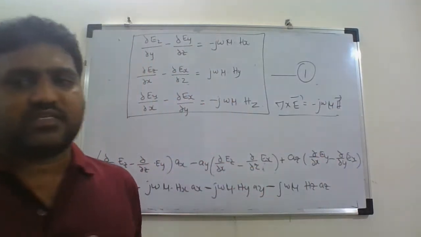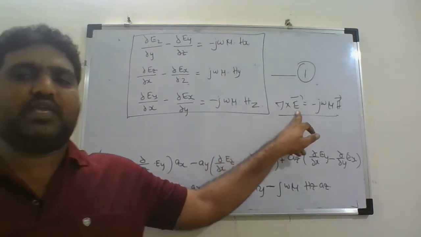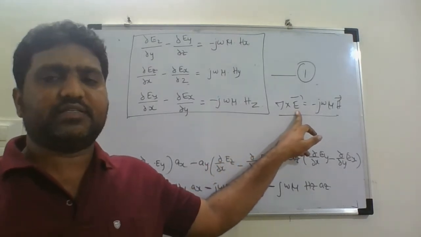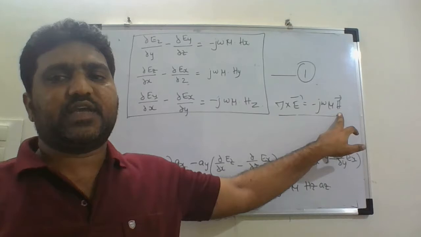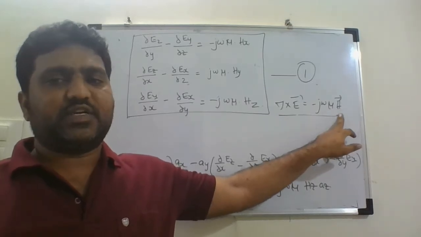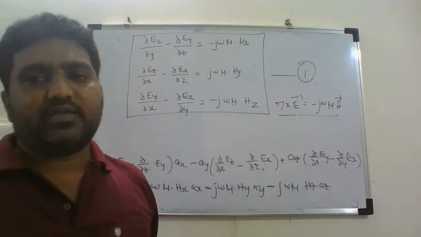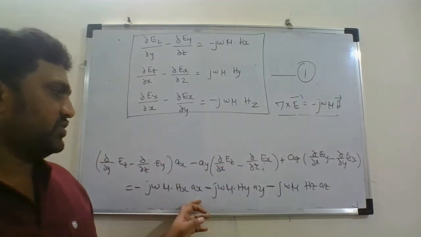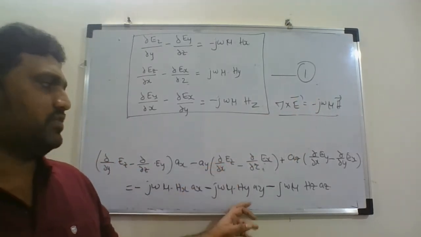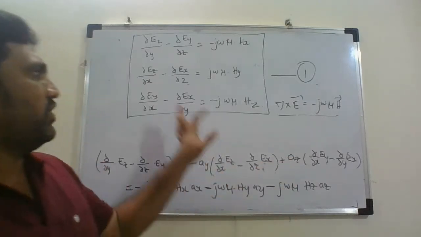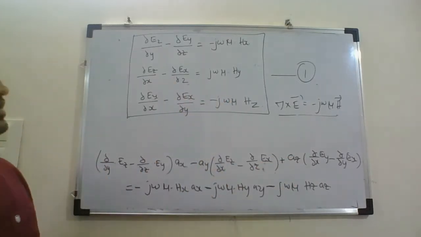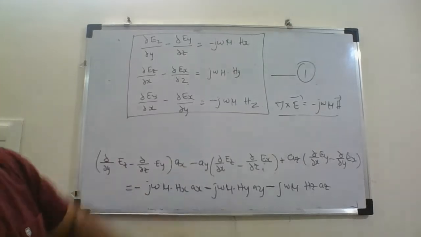Using this, I substituted E equal to ExAx, EyAy, EzAz, and H equal to HxAx plus HyAy plus HzAz. I have equated the Ax terms on both sides, Ay terms, and Az terms, so I got this equation. Put this equation aside for some time.